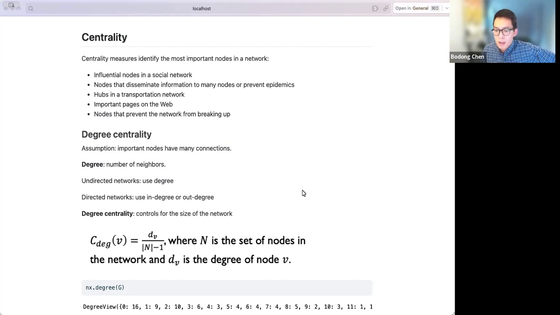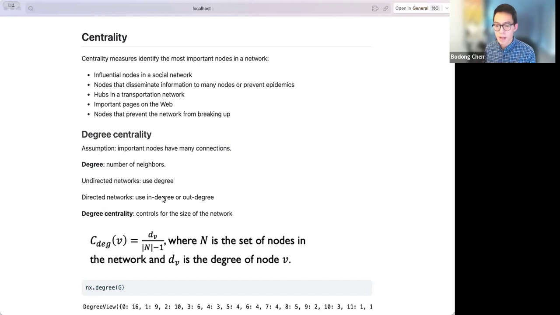So degree centrality is trying to capture those nodes. We define the centrality based on the number of connections, or degree, every node has. The degree is basically the number of neighbors that the node has. For an undirected network, it's just the number of neighbors this node is connected with.